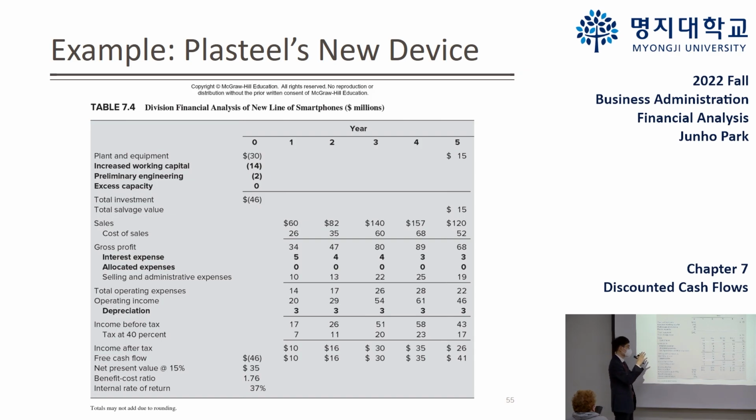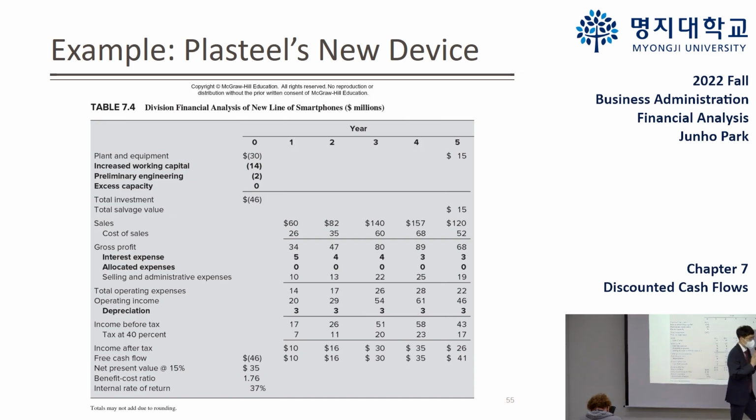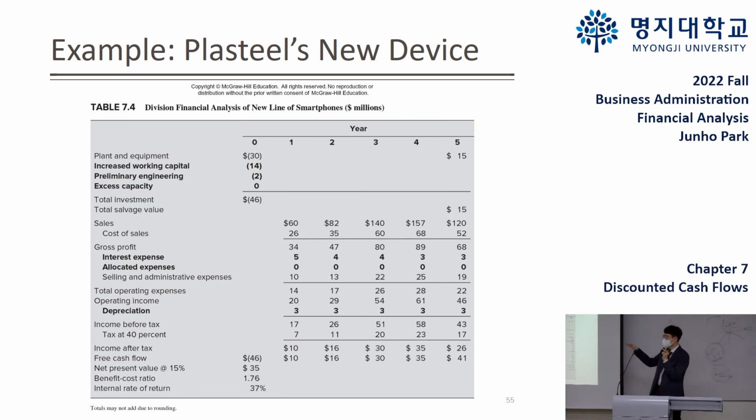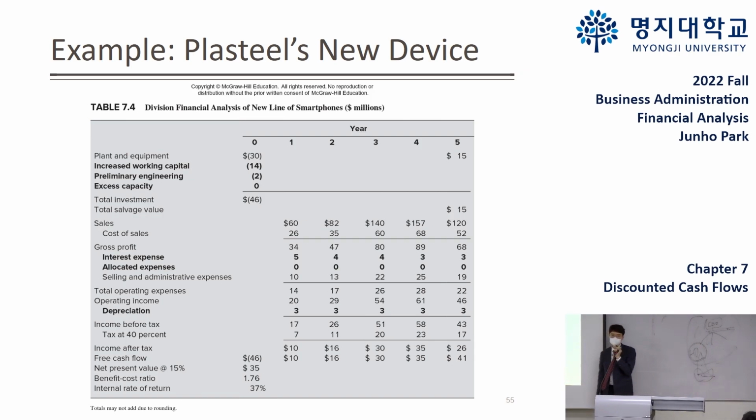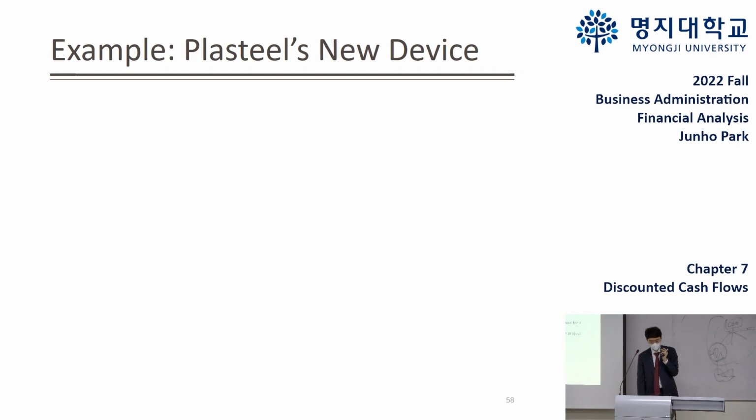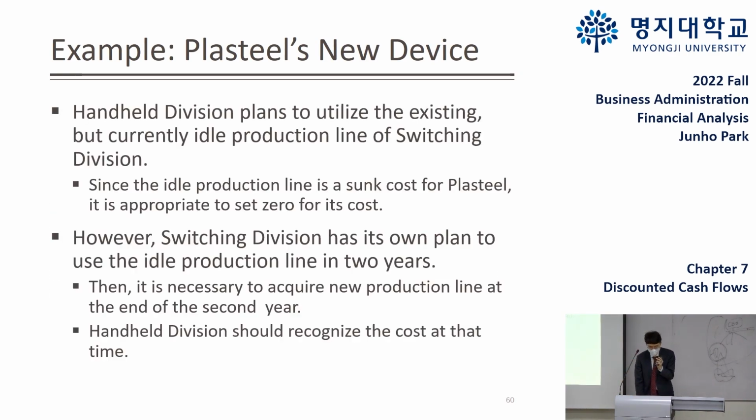So we have a tax shield effect from the depreciation. You might remember that we have an interest tax shield effect. At the same time, we have a depreciation tax shield effect. So it is helpful for your project when you have a depreciation. And then we have to calculate the taxes based on the depreciation. Therefore, we have to think about the depreciation when we evaluate a project.